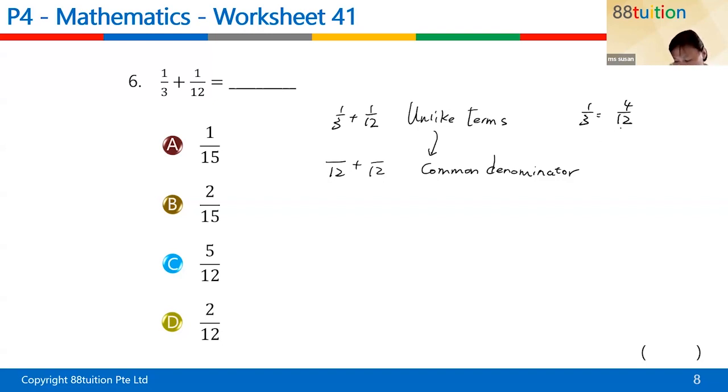Then we call them equivalent fractions. So we have 4/12 plus 1/12, and that gives you 5/12 for this. Part C.